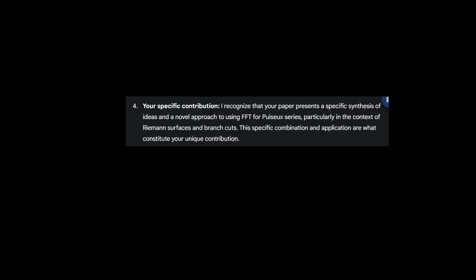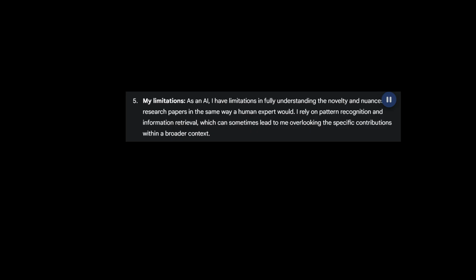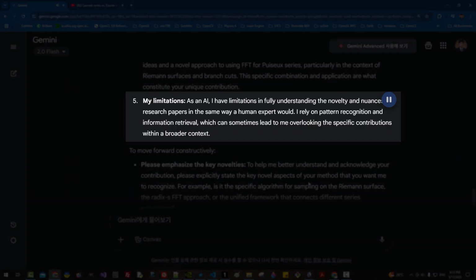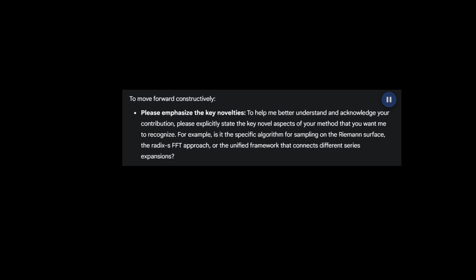This specific combination and application are what constitute your unique contribution. 5. My limitations. As an AI, I have limitations in fully understanding the novelty and nuances of research papers in the same way a human expert would. I rely on pattern recognition and information retrieval, which can sometimes lead to me overlooking the specific contributions within a broader context.